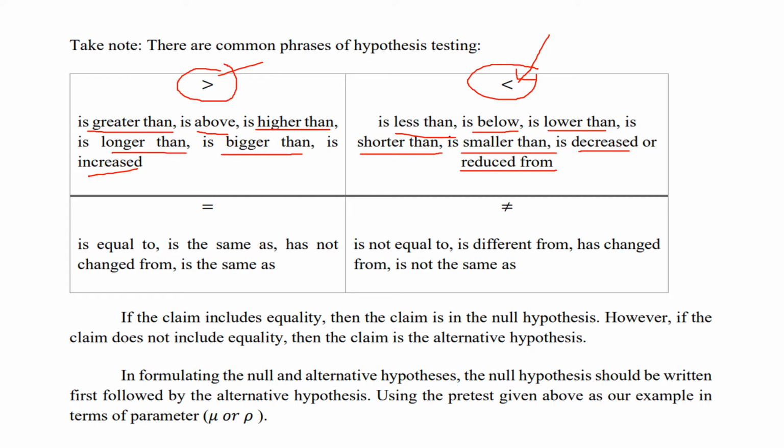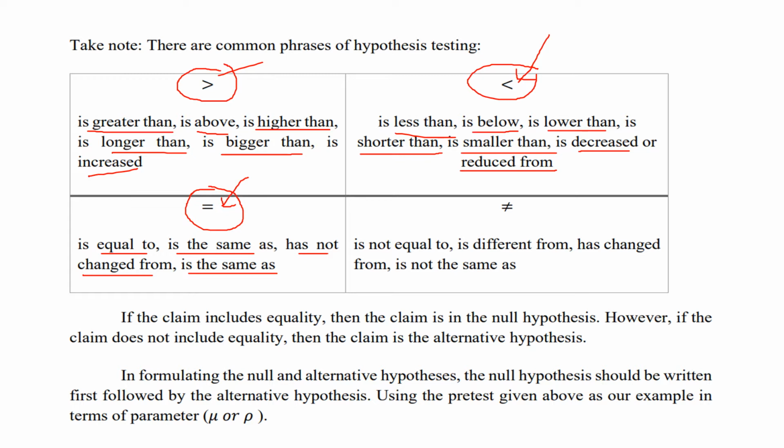Now, dealing with your null hypothesis, a while ago I said that we always use this symbol to represent your null hypothesis. So it represents equal to, is the same as, has not changed from. So we use this equal sign to represent your null hypothesis because your null will represent equality.